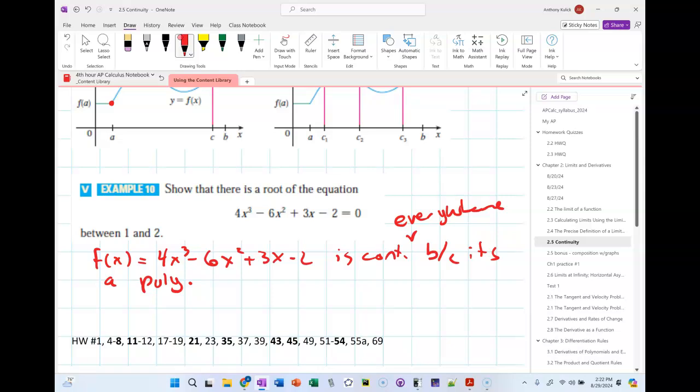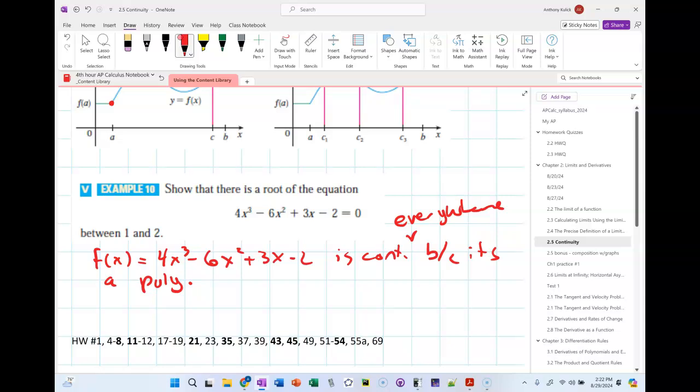Now, I need to find a y-coordinate that's between 1 and 2, that's negative, and one that's positive, because I know 0 lies between. Everybody's okay with that?